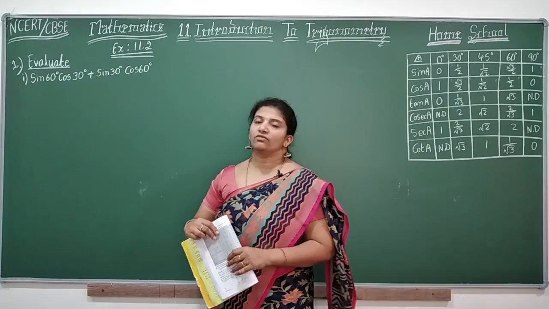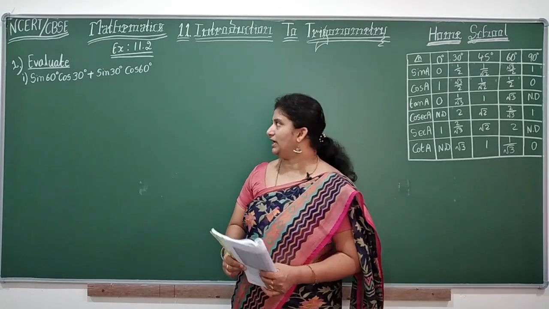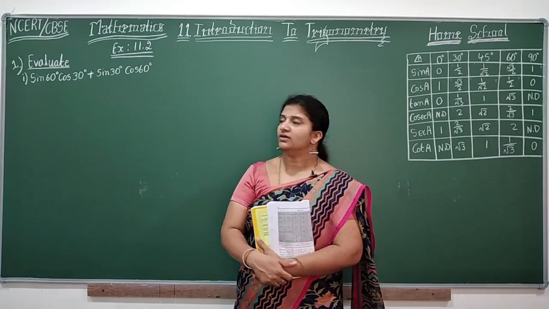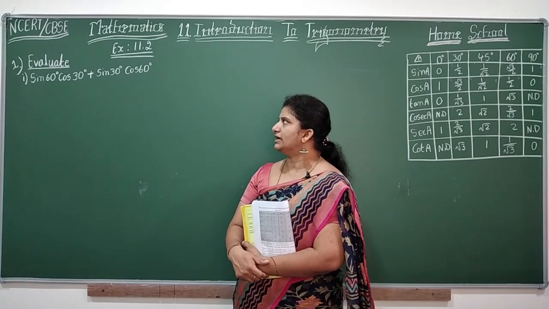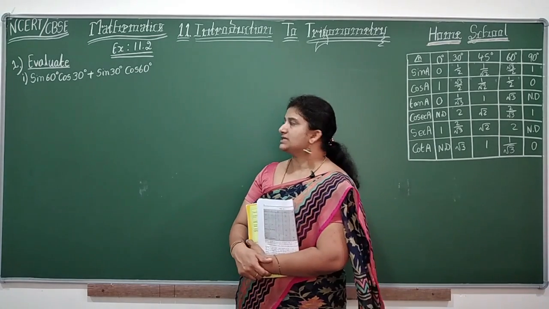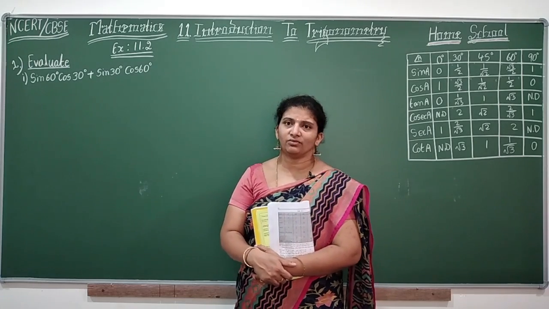So look over here, first sub-question. Evaluate sine 60 degree cos 30 degree plus sine 30 degree cos 60 degree. What do I have to evaluate here?